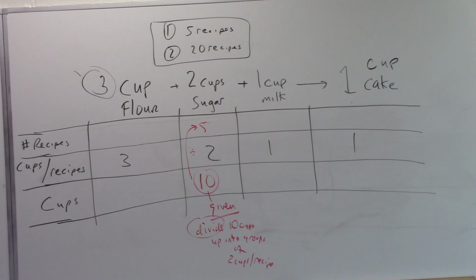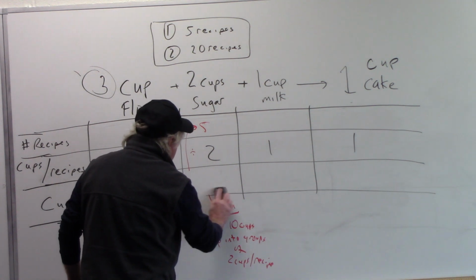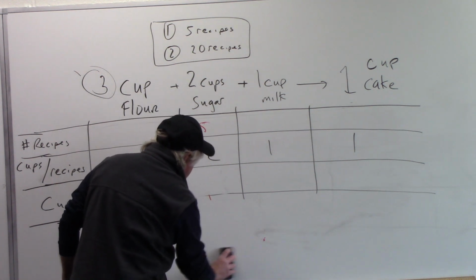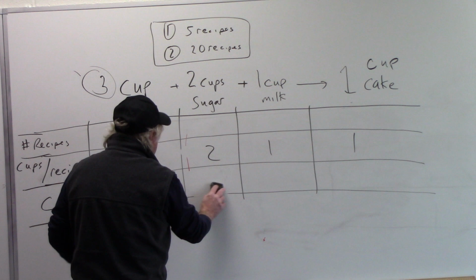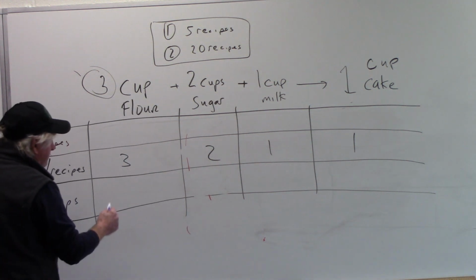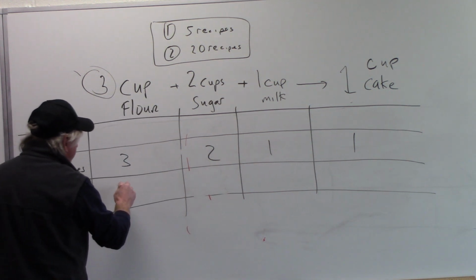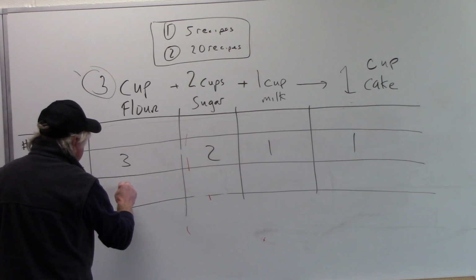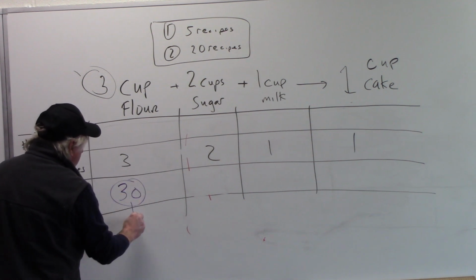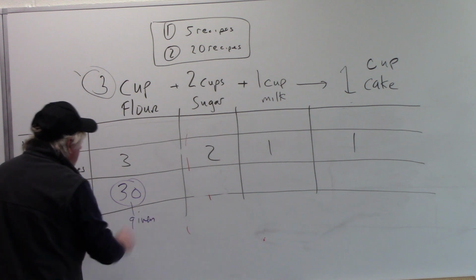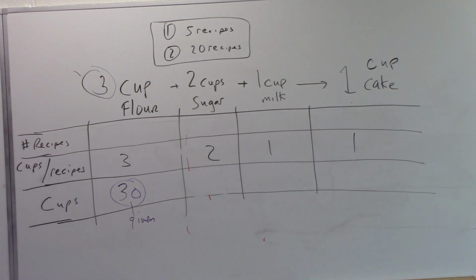Okay, let's try another one, for flour. You're given 30 cups of flour, and what you want to do is find out how many recipes you can do with that.